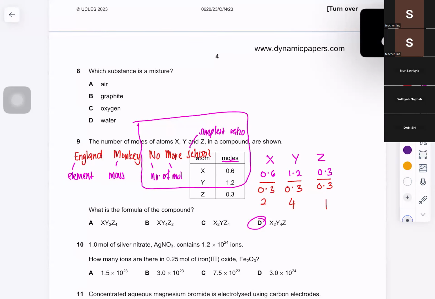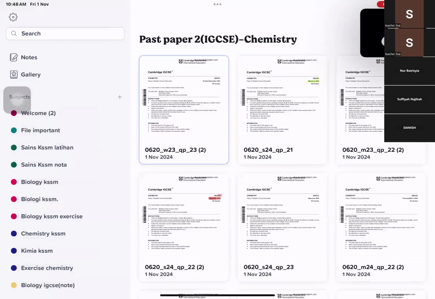May, June 2022, question 40. Sayang, May, June, teacher panggil Christina Adriana. You tanya teacher May, June 2022, tapi variant berapa sayang? Variant 1, variant 2, variant 3? So variant 2.